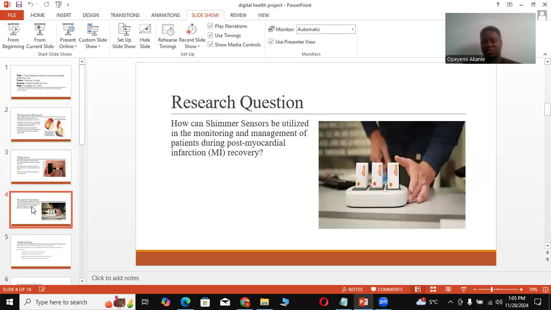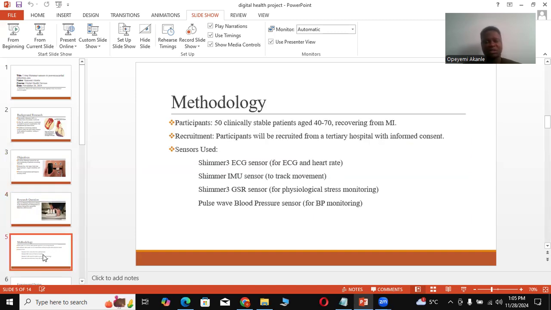So the research question is, how can Shimmer sensors be utilized in monitoring and management of patients during post-myocardial infarction? So we want to see how we can utilize these sensors to monitor these patients in order to improve their outcome and recovery. So the methodology, so we're using 50 patients who are clinically stable between the age of 40 to 70 years, and they are recovering from myocardial infarction.